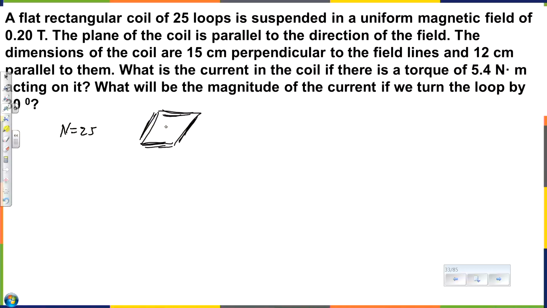So magnetic field. And dimensions. 15 centimeters perpendicular to field lines. 15 centimeters. 12 centimeters parallel to field lines. It is very important to read literally what's happening.